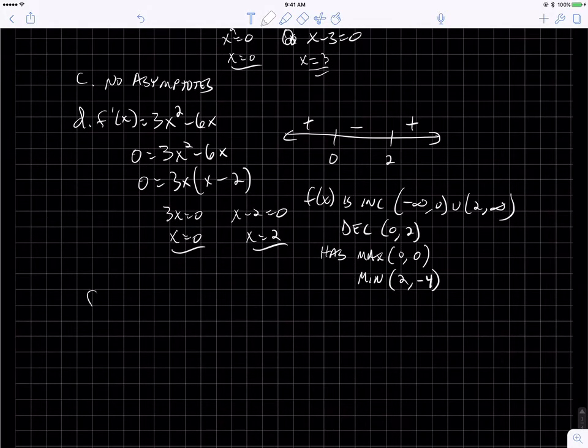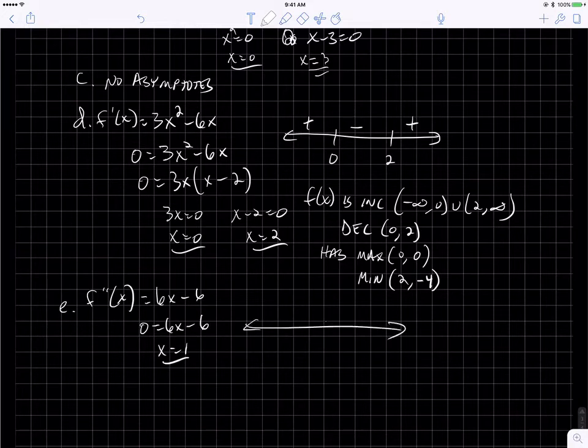Okay, so now we're going to move on to the second derivative test. The second derivative is 6x minus 6. If I set that equal to 0 and solve, I add 6, divide by 6, x equals 1. If I plug in 0, I get a negative. If I plug in 2, I get a positive.